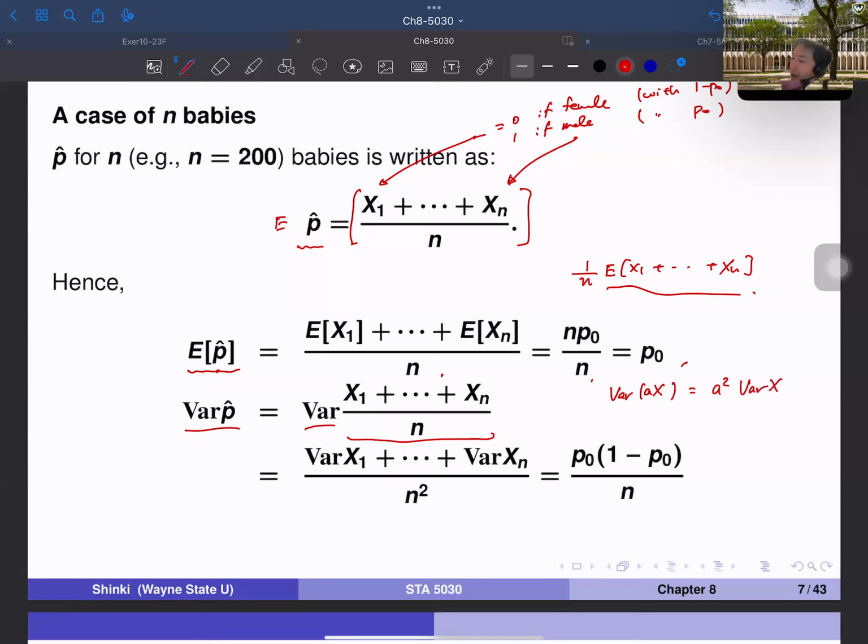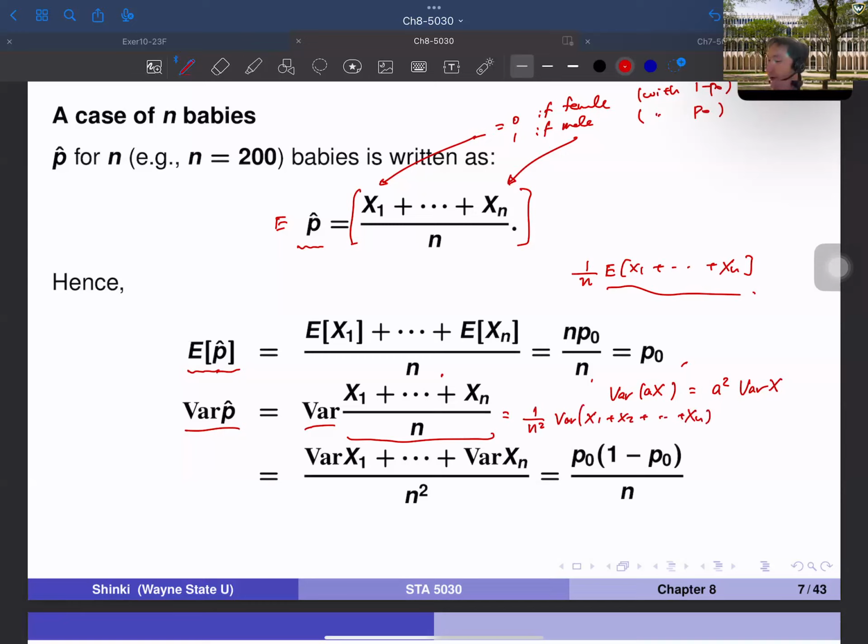If we see the definition of variance, always we square the quantity, so every part of the calculation, we square this a x. So we have a squared times variance of x. Then we get this is equal to 1 over n squared times variance of x1 plus x2 plus up to xn.